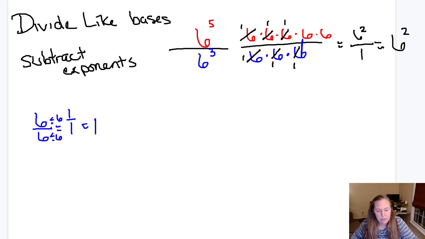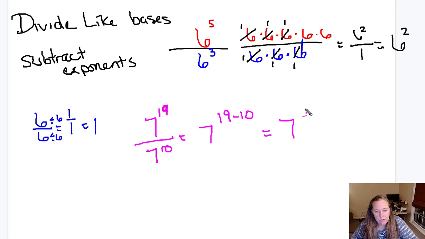So for example, 7 to the 19th over 7 to the 10th is 7 to the 19 minus 10, which is 7 to the 9. Done. All there is to it. If you're dividing like bases, and I'm going to point out again, we have like bases because they're both 7s.